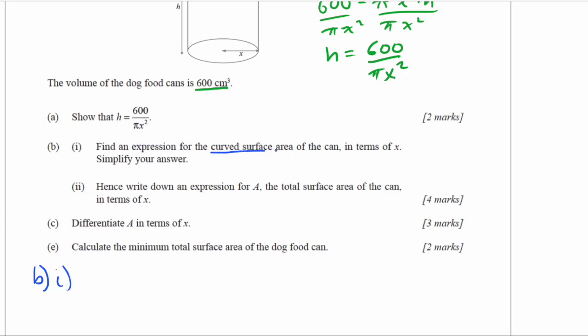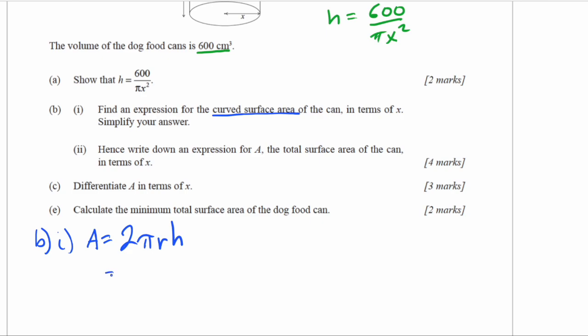Find an expression for the curved surface area. That's in the IB formula booklet. The curved surface is 2 pi r h. R, in this case the radius, is x in the cylinder. h is our expression from before, so it's 600 over pi x squared.